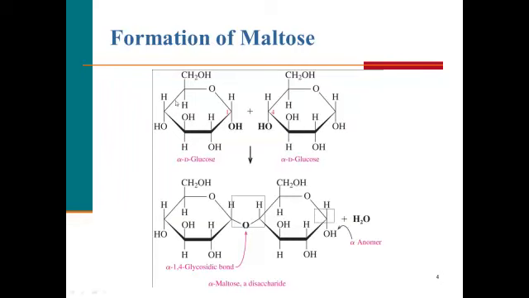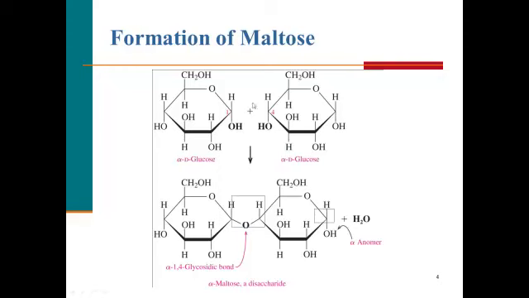So anytime that we are joining together glucose molecules, just as we saw in joining together alcohol molecules in the organic chapter, we do that by the removal of a water molecule. So maltose is joined together by an alpha 1 to 4 linkage between two glucose molecules.